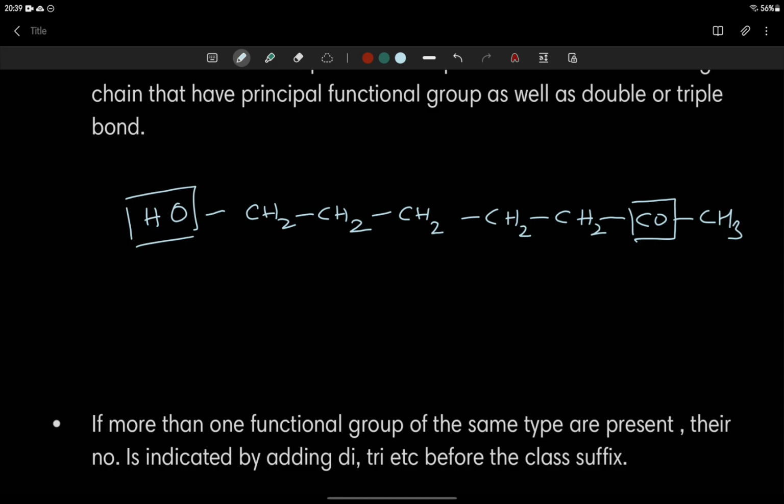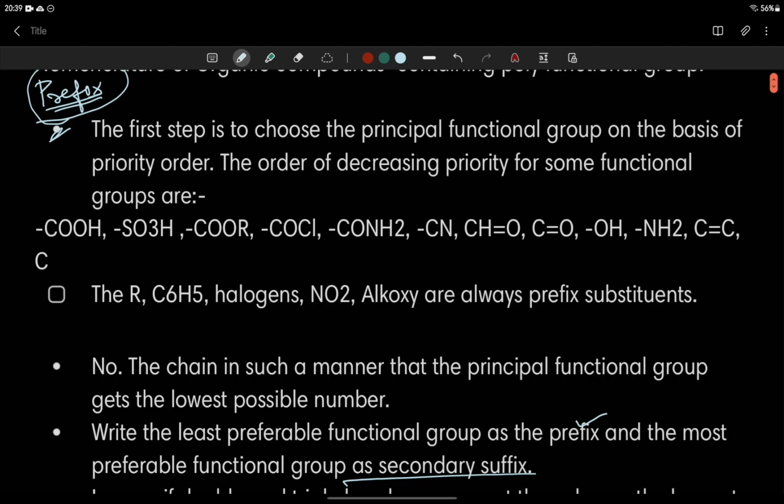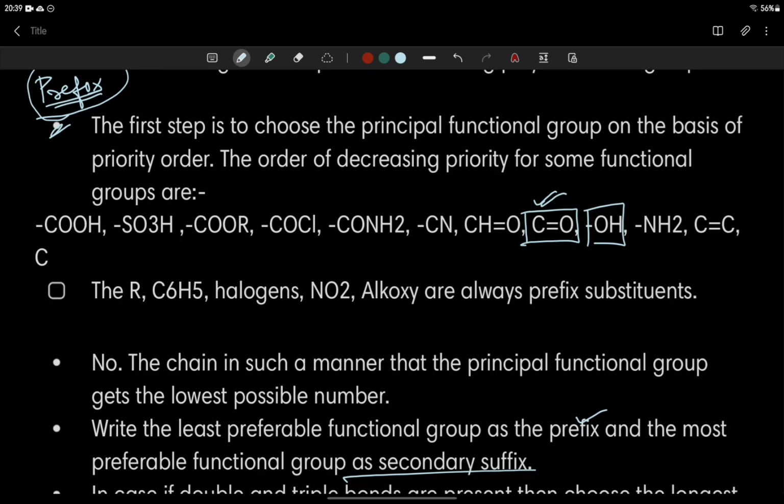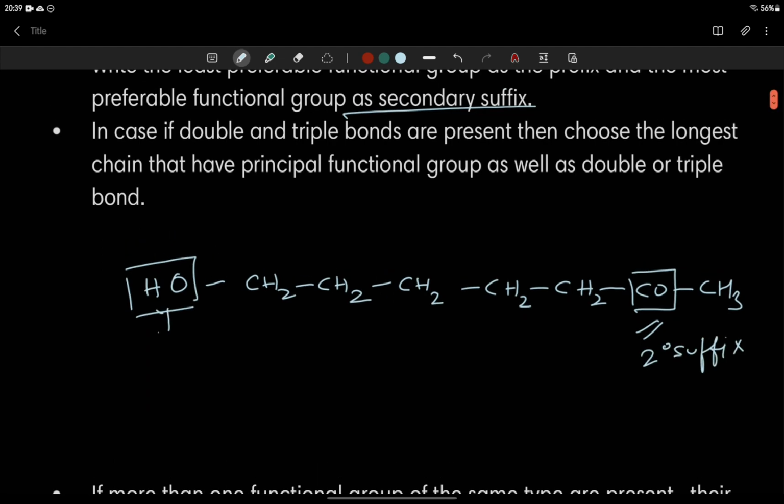In the priority order, you can see the ketone comes before the OH group, meaning it is considered more important than the OH group. That is why we will write the CO group as the secondary suffix and the OH group as a prefix, because it comes later in the priority order.